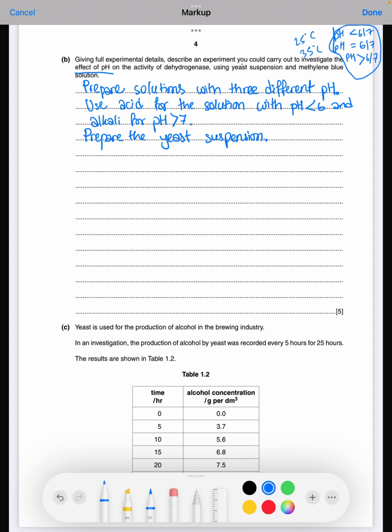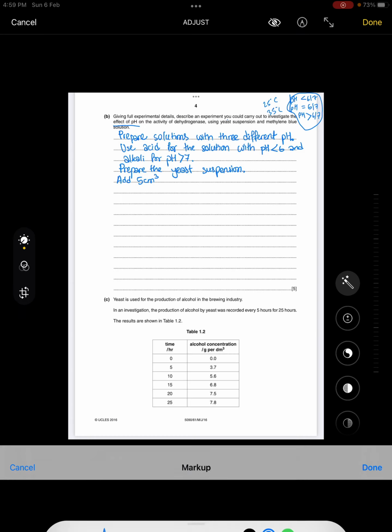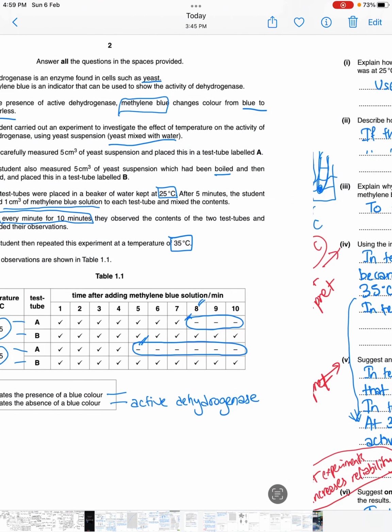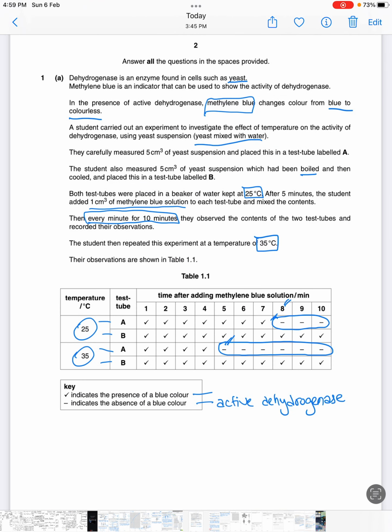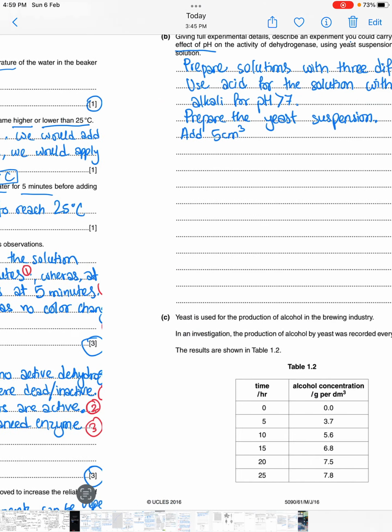Now, next point is, just like the previous experiment, add 5 centimeter cube. I think that was the previous question, right? Let's check. They used 5 centimeter cube of yeast suspension, so I'm going to use the same.